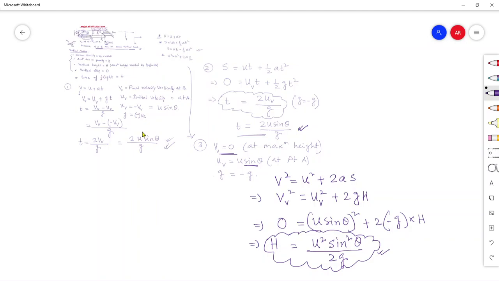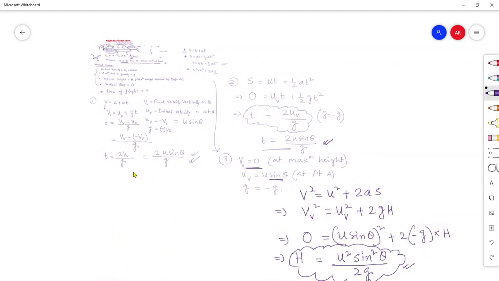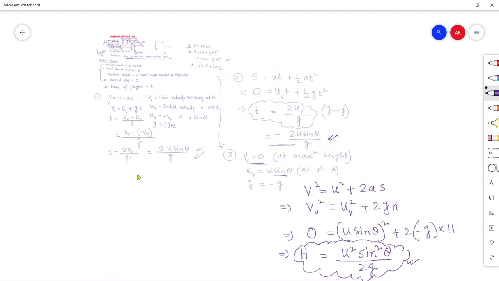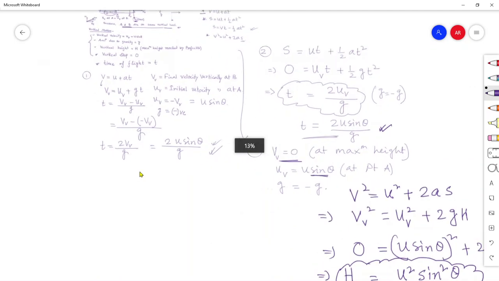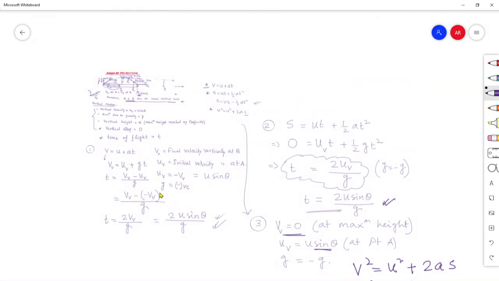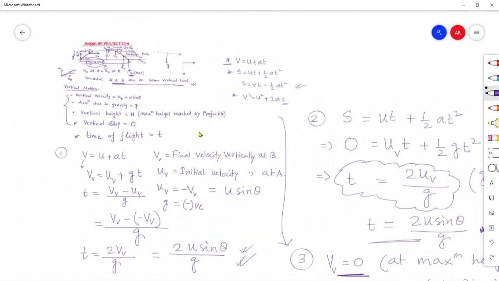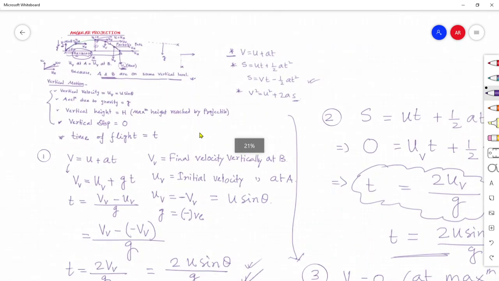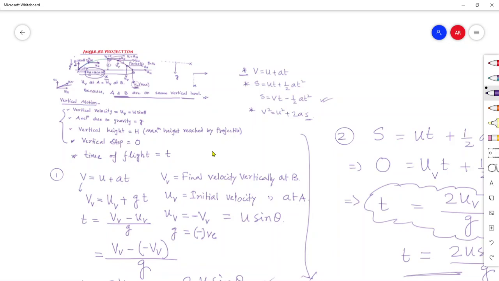The horizontal motion we'll be considering in the next video, because this one is getting a little longer. Up to this much, if you have any question, please do let me know. Ask me, comment here so that I can address this particular question in the upcoming video of the angular projection.